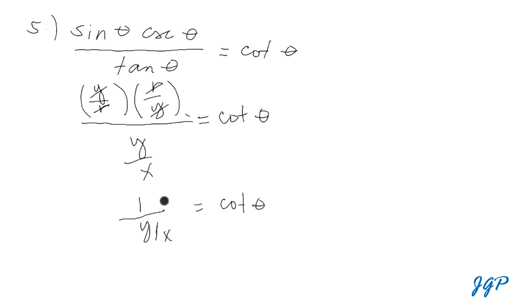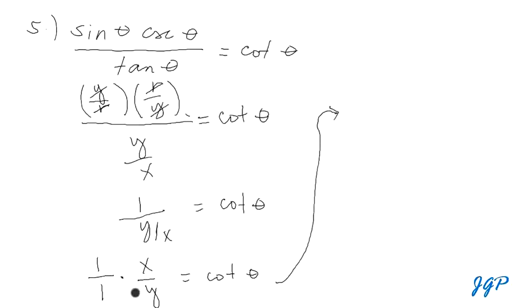To simplify this one, change the operation to multiplication, change the denominator to its reciprocal, that is x over y, is equal to cotangent theta.